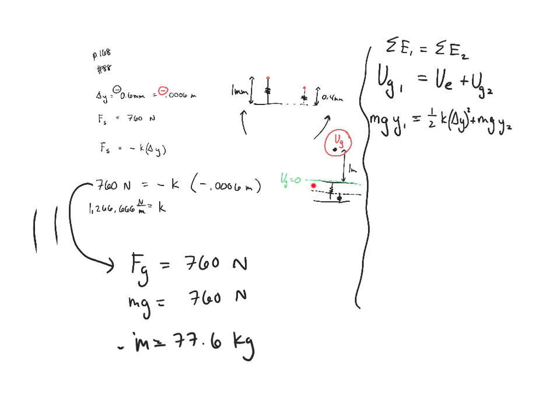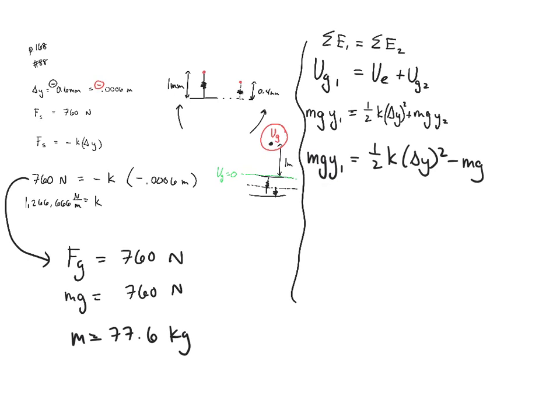Well, the distance that the spring compresses is going to be the same as this, except it's going to be a negative quantity here, whereas this one is a positive quantity, because we're going to be squaring that in the end anyway. So when I write the next line, watch what I'm going to write. mgy1 equals 1/2 k delta y squared minus mg delta y at the end there.